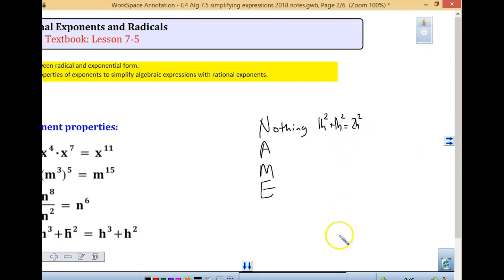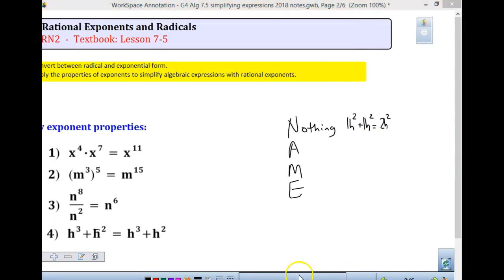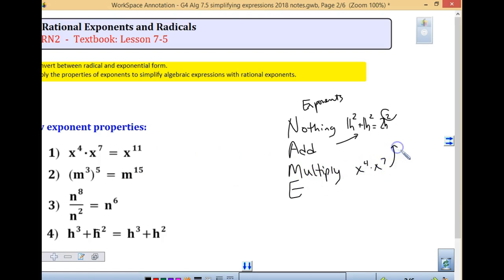Do I do anything with the exponents? Nothing with the exponents. So this is looking at what we do with the exponents, right? When you are adding and you add this same thing together, you do nothing to the exponents. They stayed as h to the 2nd. When you multiply with the same base, x to the 4th times x to the 7th, what did we do to our exponents?